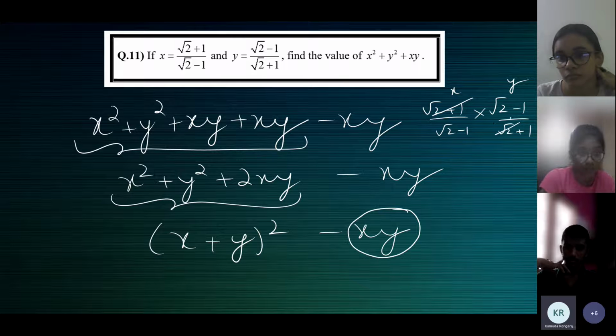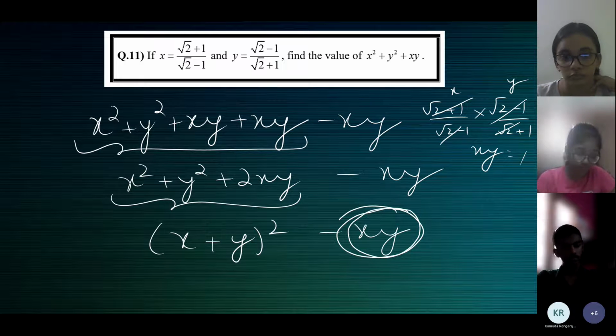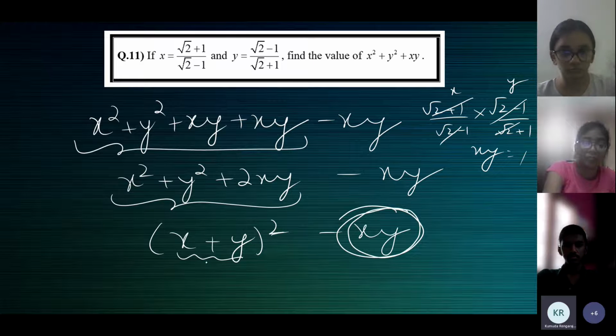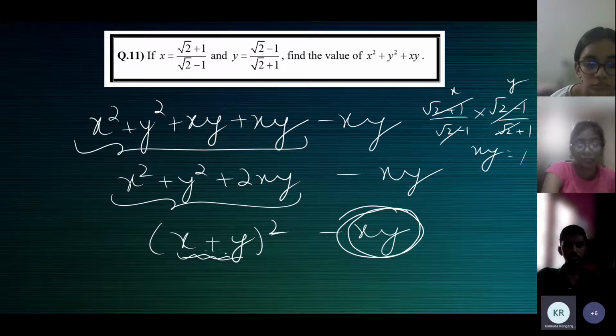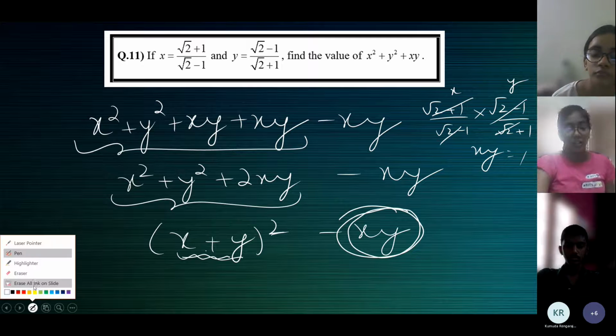You can see that here. So xy is 1. That means we have to find x plus y and square it, and substitute that value here, xy is 1, and then evaluate.